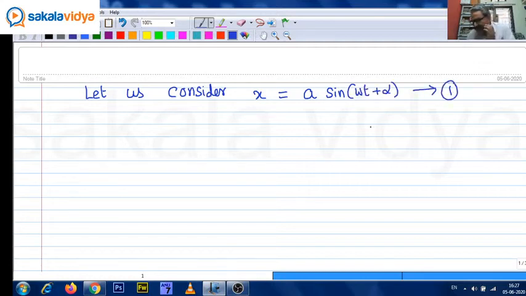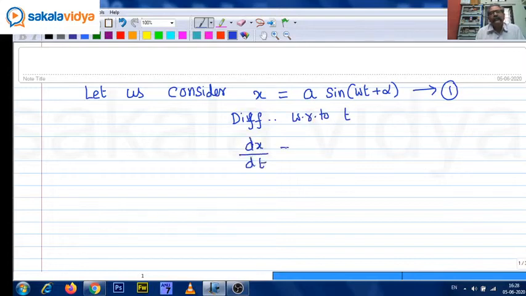Here t is the variable, and next differentiate with respect to t, because t is the variable here. So dx by dt equals a times cos omega t plus alpha, since sine differentiation is cos. Next omega t plus alpha differentiation is omega, alpha differentiation is 0.